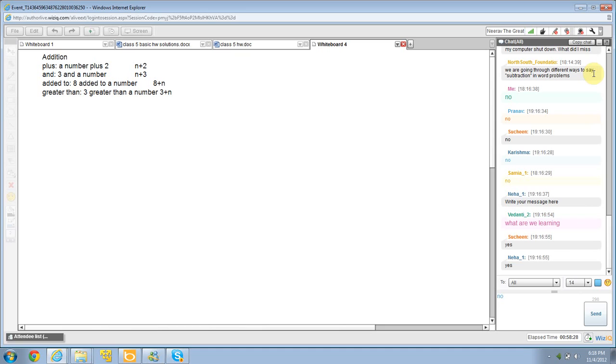Because when you see n is less than 4, what that means is n, and then you'll see the less than sign, 4. So don't think subtraction there, think less than sign.